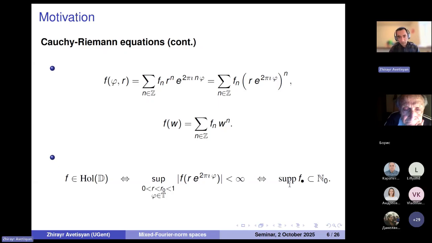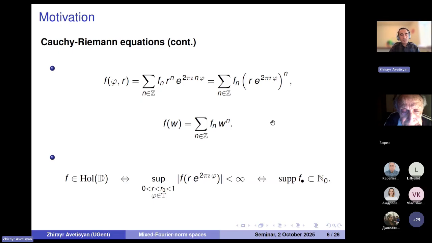On the other hand, we also know that a meromorphic function given by Laurent expansion is holomorphic if and only if only the non-negative index coefficients in the Laurent expansion are present, which means it is basically a Taylor expansion, right? So I write it in the following way. I say that the support of these coefficients Fn, the support of the Fourier transform, is in the non-negative integers.